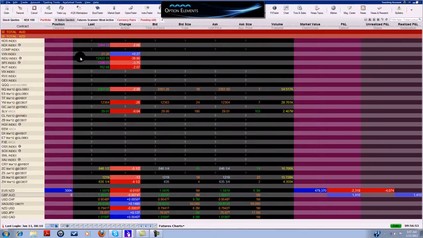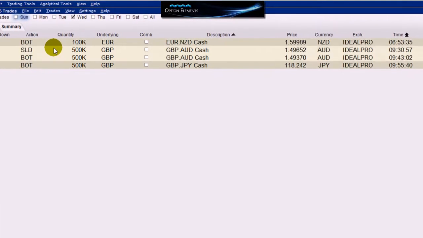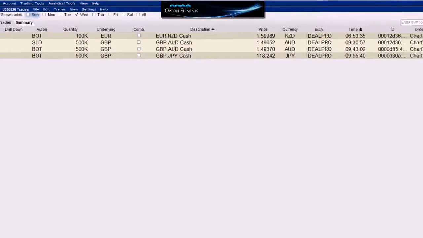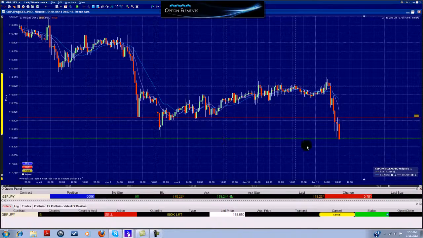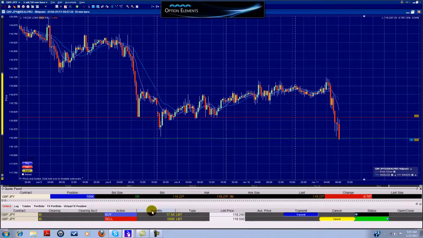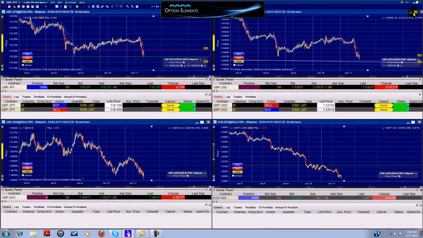Computer's running a little slow today. Here's our yen. We bought the 500 at 24.2 at 9:55. All right. So we are long 500, and we'll go in here and put in an additional buy order in case we continue to head down.